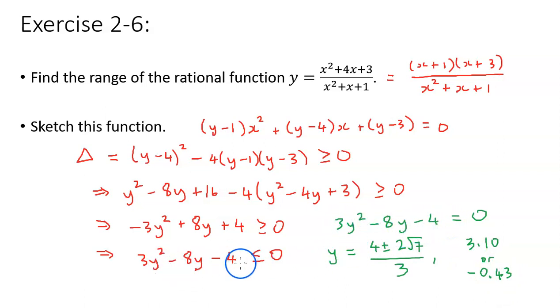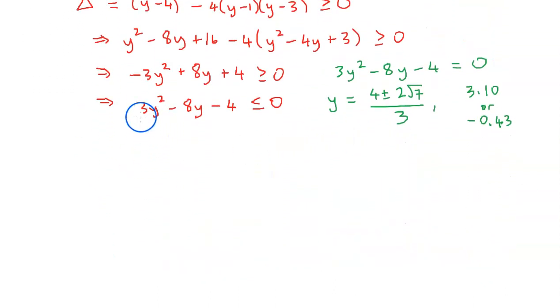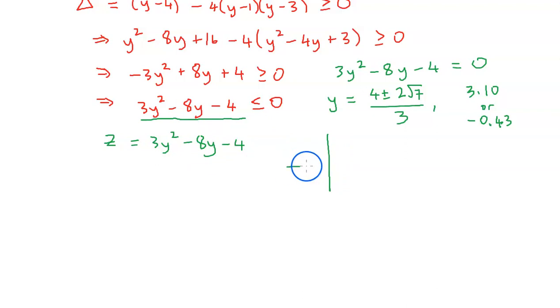And so if we're looking for all the values of y where the quadratic is below 0, we can consider z equals 3y squared minus 8y minus 4, and then sketch a little parabola. If this is the z-axis and this is the y-axis, we know that the parabola is going to intersect the y-axis at y equals 3.10 or negative 0.43. So it's going to look like that.